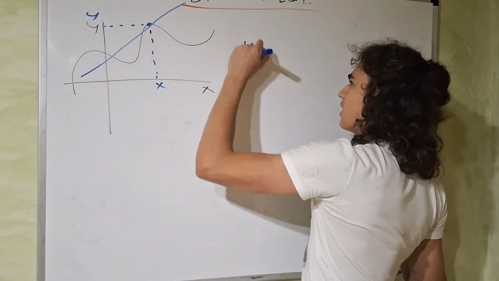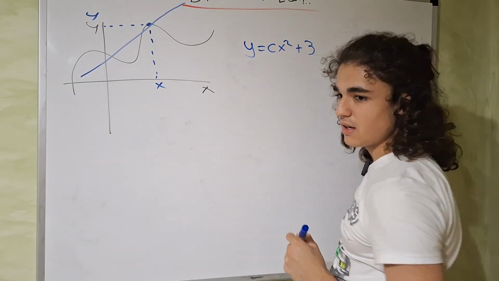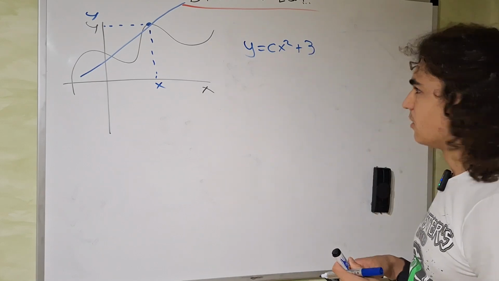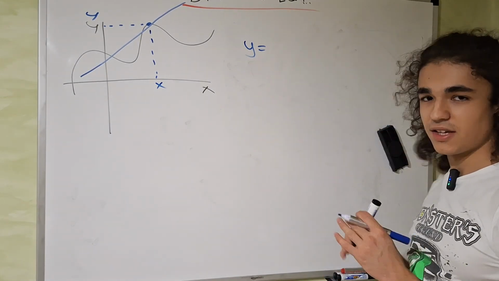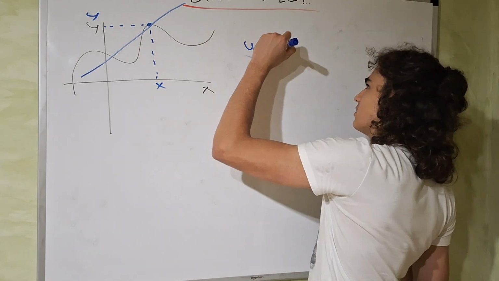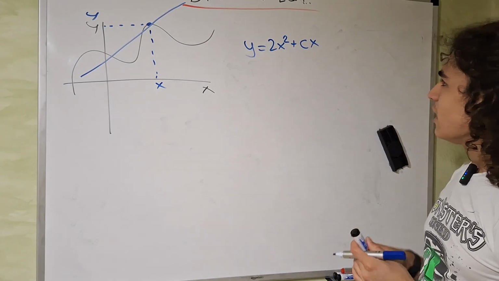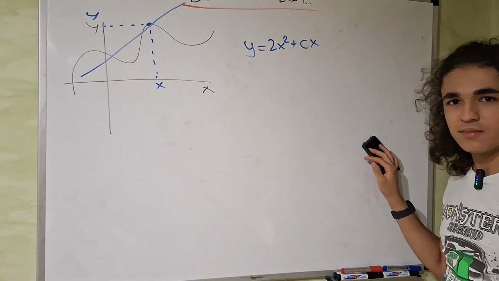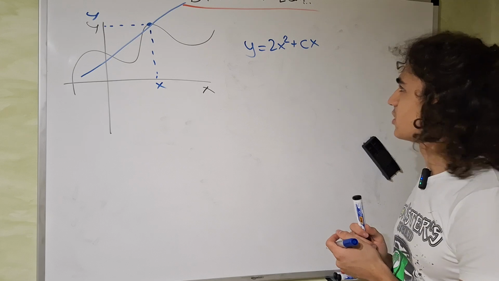So we have this example, y equals cx squared plus 3, or let's use another example that I think is better to understand what I'm talking about, y equals 2x squared plus cx. Now, this is a function, it's not a differential equation. We want to turn it into a differential equation.